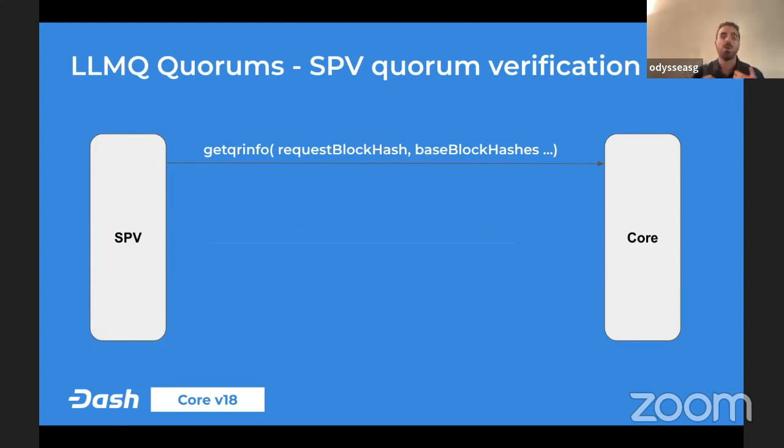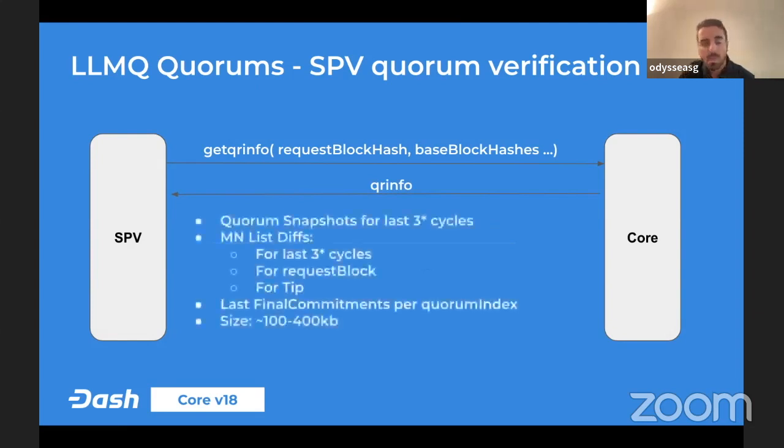So I am requesting quorum rotation information at that particular height or block. And it can also pass a list of what we call base blocks. It sends the hashes of blocks that it already has information for. And so the node returns a QR info message, which contains the following information.